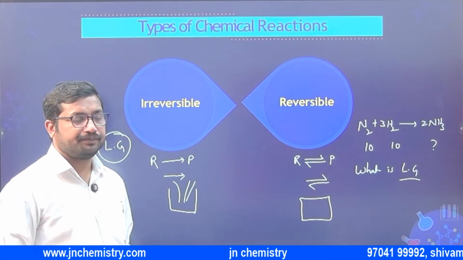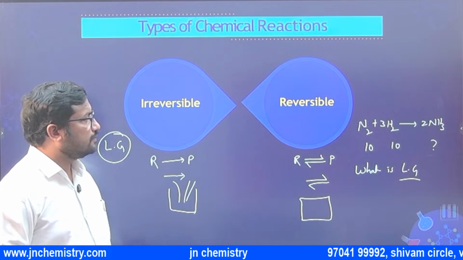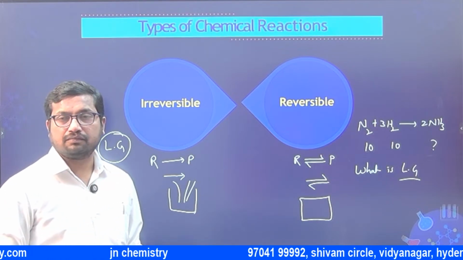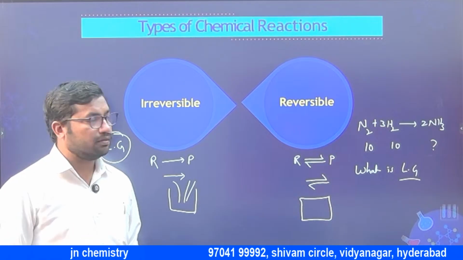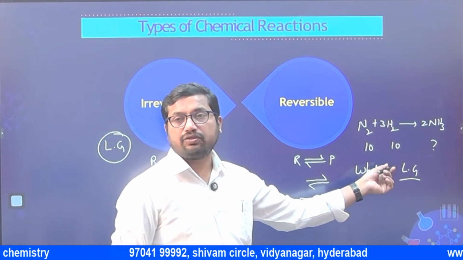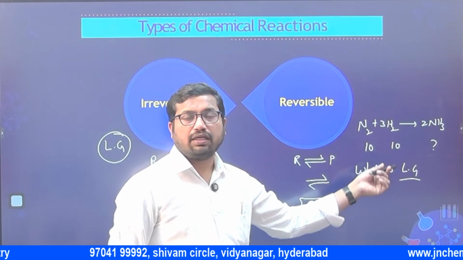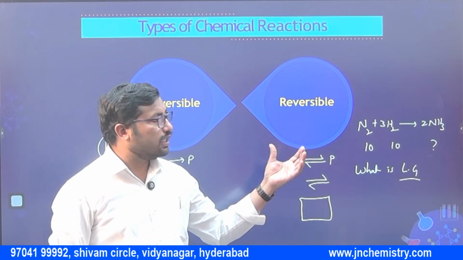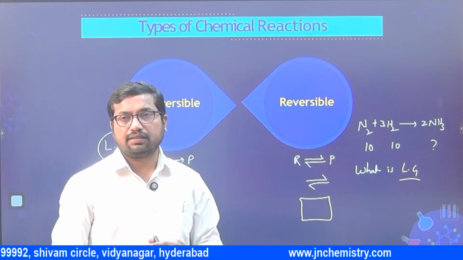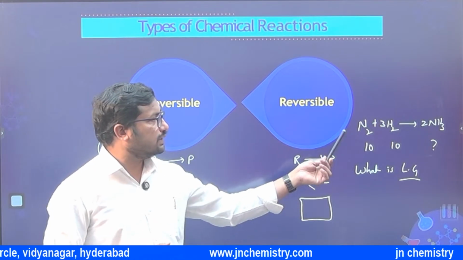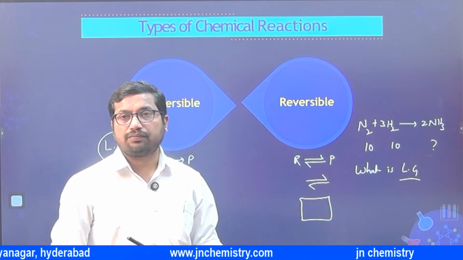For 1 mole of nitrogen we need 3 moles of hydrogen, so for 10 moles we need 30 moles, but I have taken only 10 moles. The reactant that is consumed 100% is the limiting reagent. In this case, hydrogen is the limiting reagent.